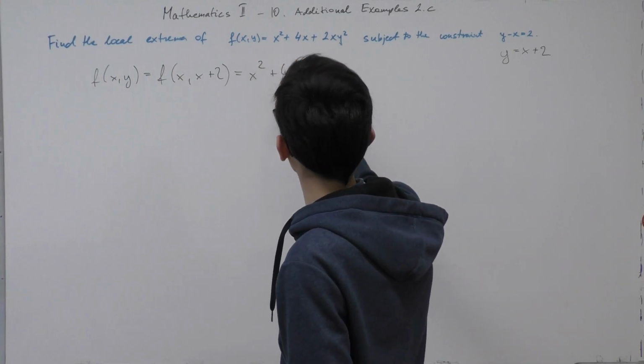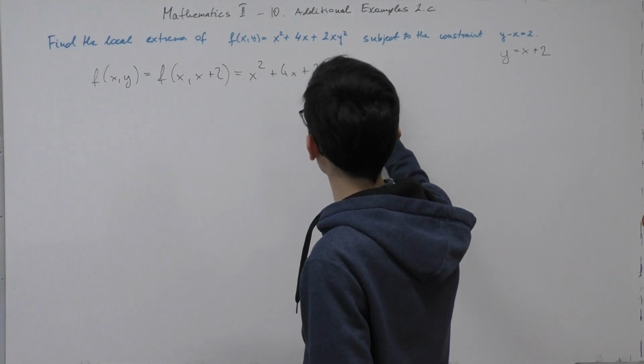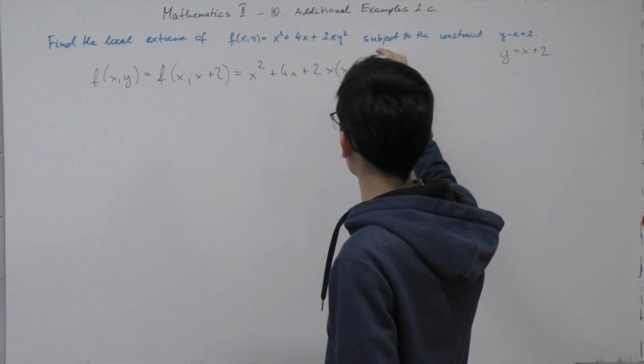squared plus 4x plus 2x times (x plus 2) squared.